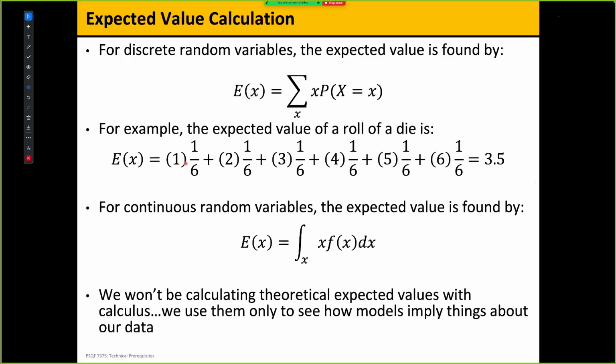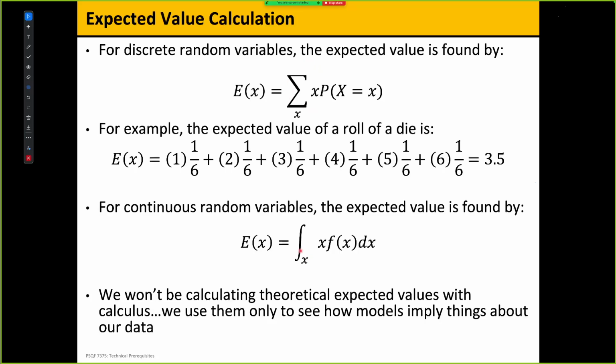Why is it a weighted average? Well, we're dealing with a hypothetical. We didn't observe x, we just hypothesized its distribution. This is what x should be in theory. So in theory, this is the mean of what x should be, and what you can see is that value is 3.5. For continuous random variables, we replace the sum with an integral.